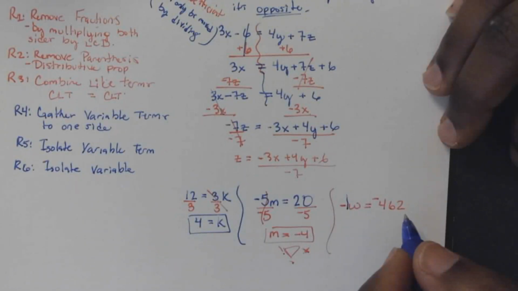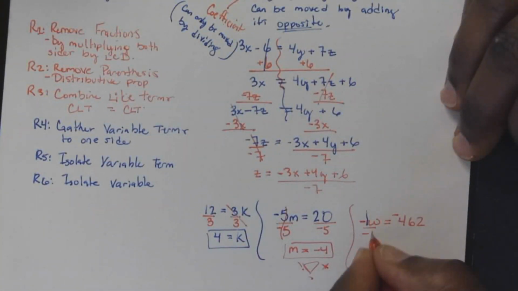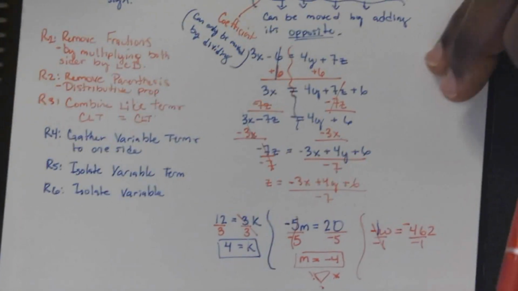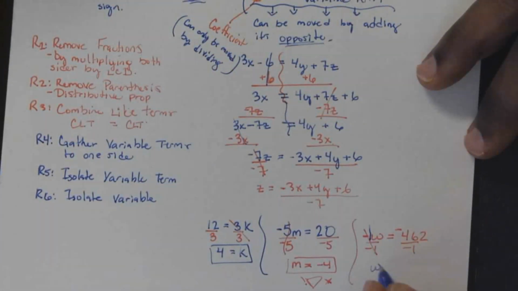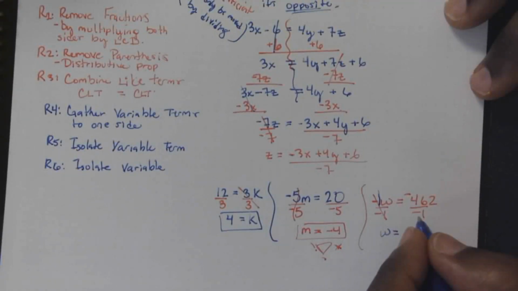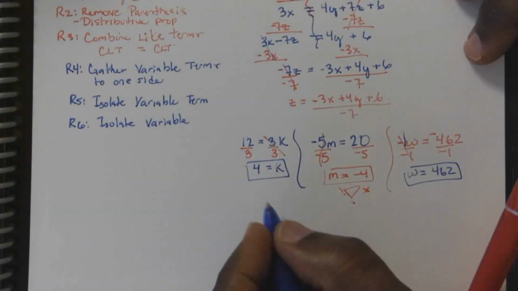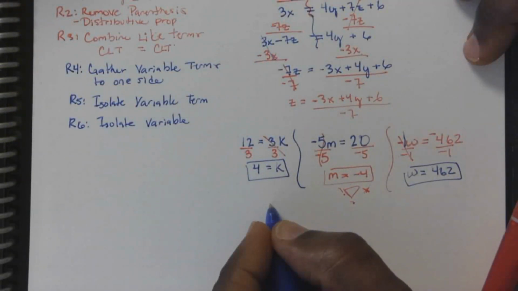If you need to, draw him. -1 right there. Now, you see the coefficient of what? What's the coefficient? -1. How do you remove a coefficient? By what? So how do you divide that? Divide by -1 on both sides. Now the two negatives are going to cancel out. And w is equal to what? Y'all scared when y'all see 100? Well, what's a negative and a negative? Yeah, so that's 462.